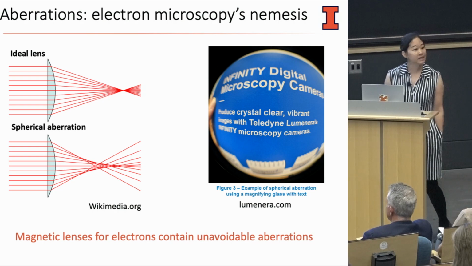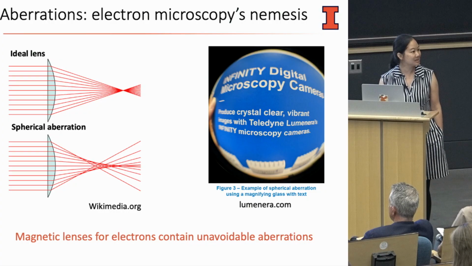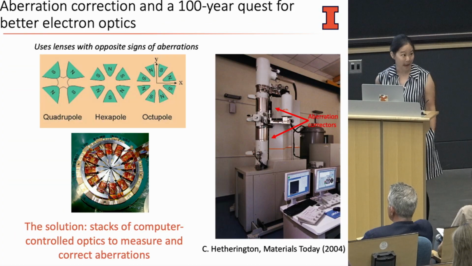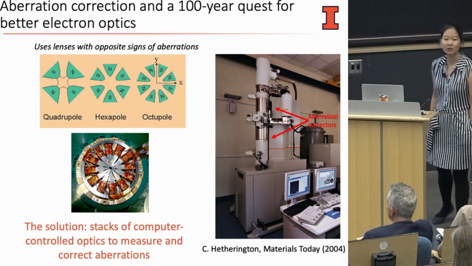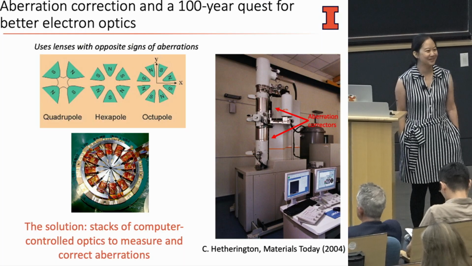And so in the last 100 years since electron microscopes were invented, we have been fighting the bad optics of electron microscopes. And we've mostly been doing it in one way, which is called aberration correction. It's a hardware-based approach. Basically, you have a lens, it is bad. It has aberrations.